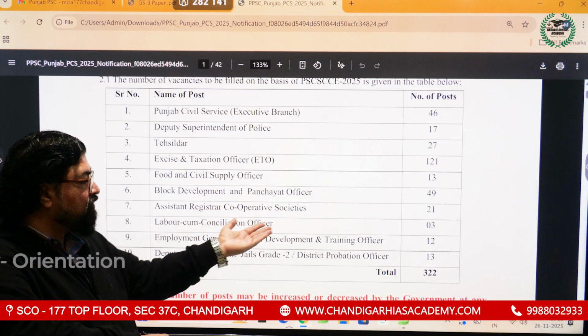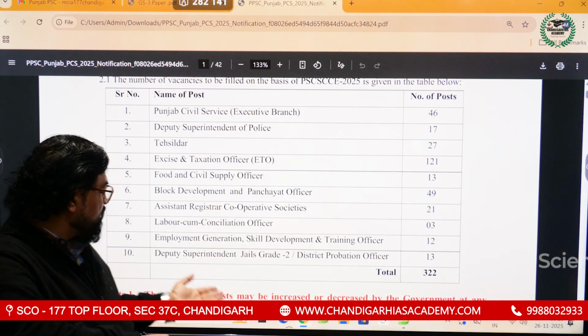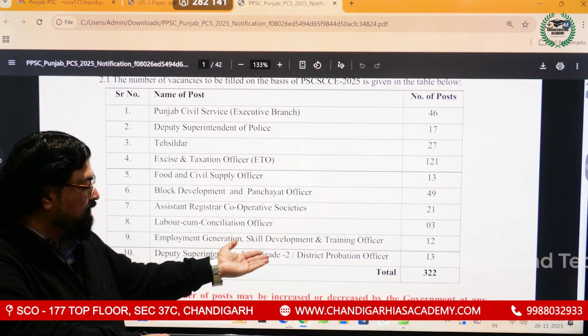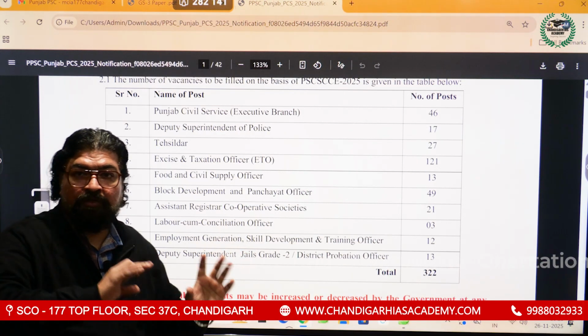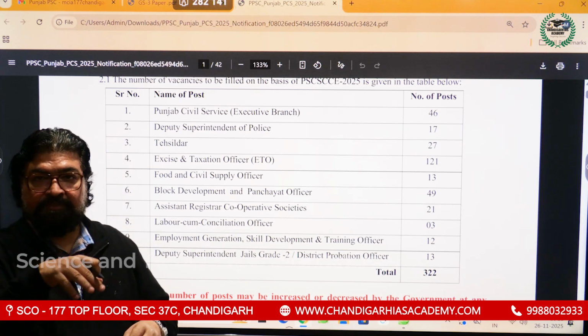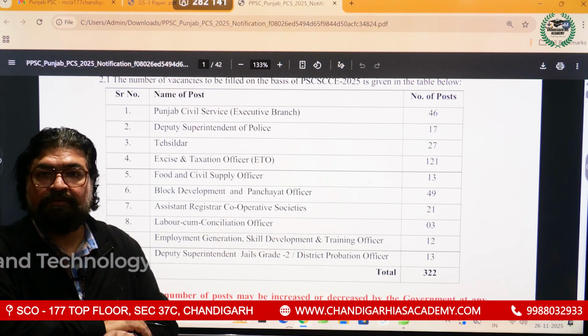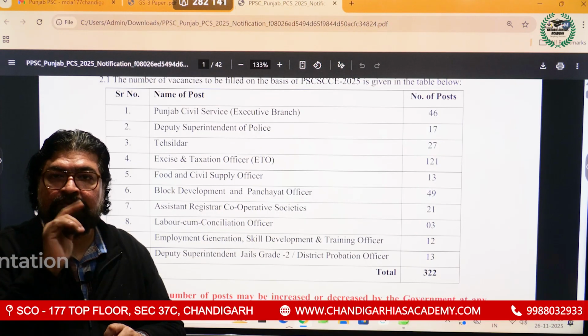Labour cum Conciliation Officer, 3. Then Employment Generation Skill Development Training Officer, 12. Deputy Superintendent Jails, Grade 2. District Probation Officer, 13. It is a very good number of vacancies. 322 vacancies in this recent notification of Punjab PSC. It is a very golden opportunity for all of you.